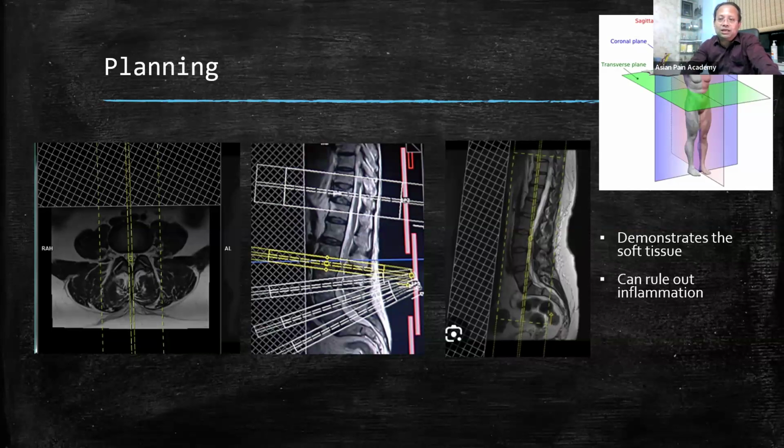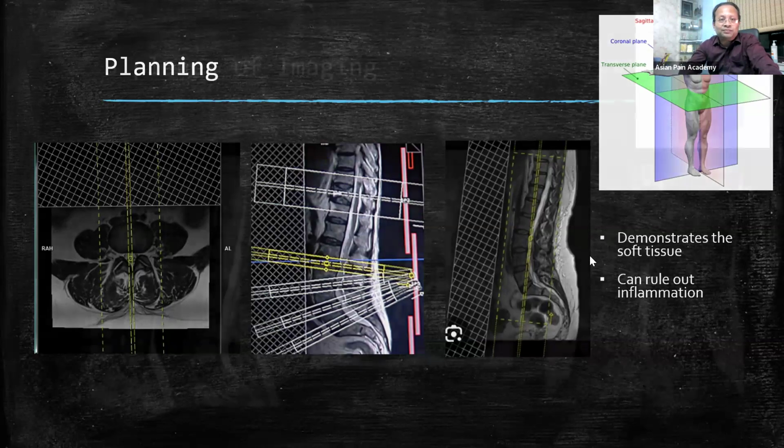This is a great adjunct for our diagnosis, because sacroiliitis and sacroiliac joint arthropathy, or just degenerative destruction of the joint, are different things and require different types of treatment.